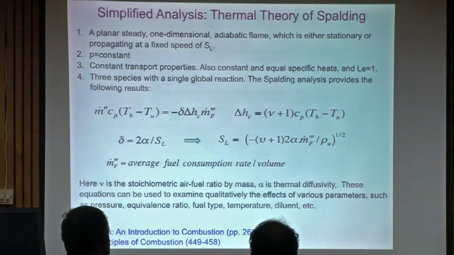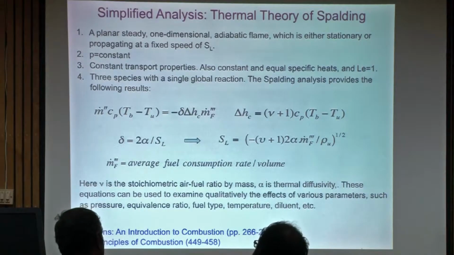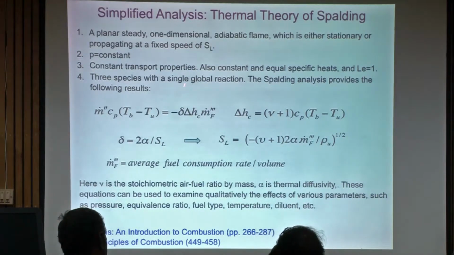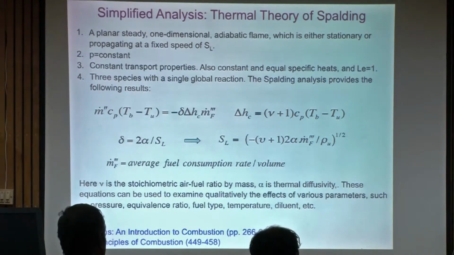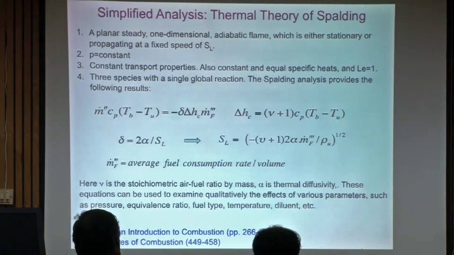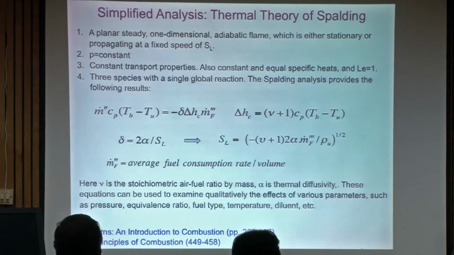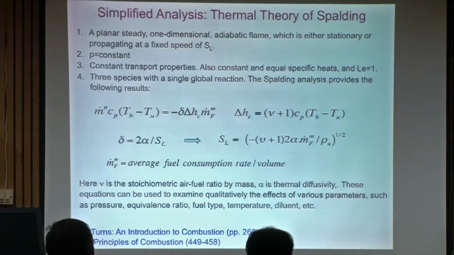So we did the scale analysis, dimension analysis, and then this is a more refined analysis based on the actual conservation equation. And to get the solution, of course, we have to simplify those equations a lot. But we do get a solution.